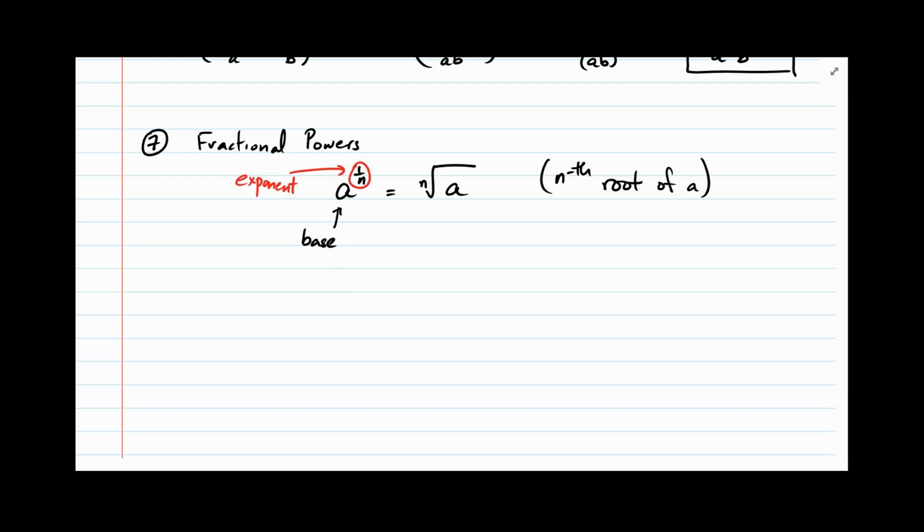The root part is called a radical, and of course this here is the nth root, and whatever is underneath the root is called the radicand.